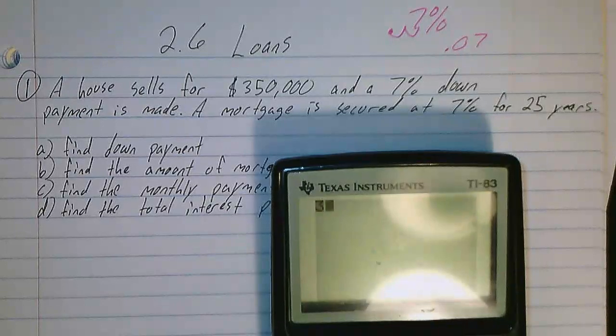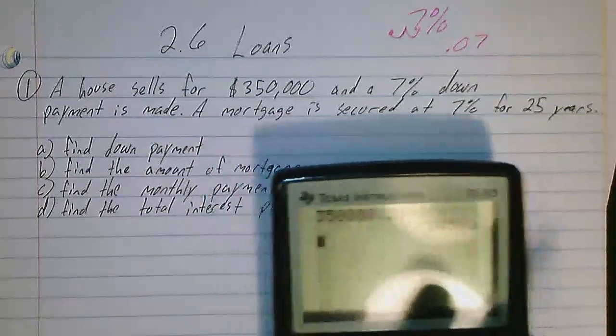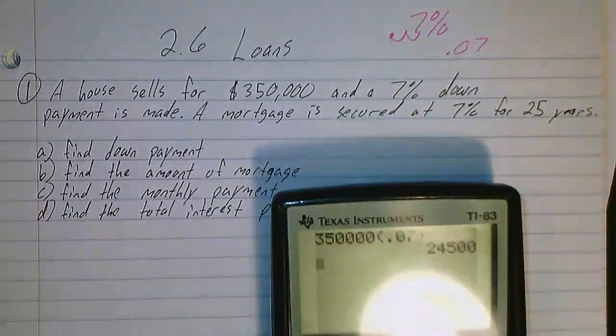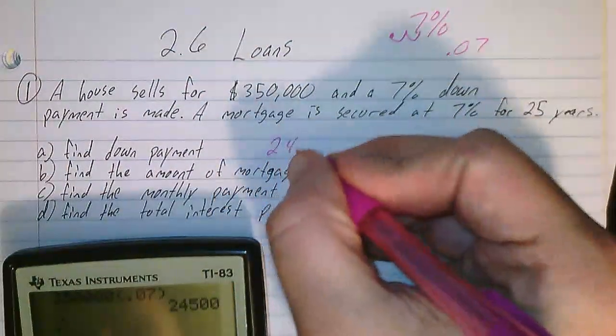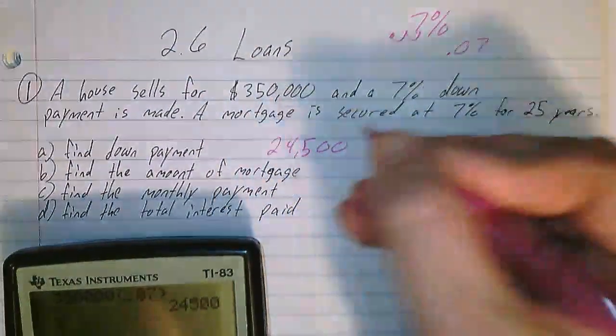All we need to do is multiply 350,000, make sure you have the right number of zeros, times 0.07. And that is our down payment, $24,500. So that is our answer to part A.